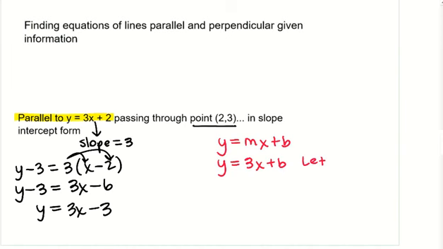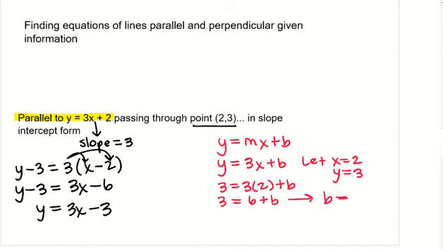I'll let x equal 2 and y equal 3. I'll say 3 is equal to 3 times 2 plus b. That's 3 equals 6 plus b, meaning that b is going to have to be negative 3. So either way, I'm going to get y equals 3x minus 3. How do you want it?